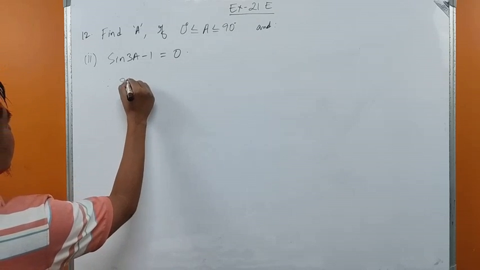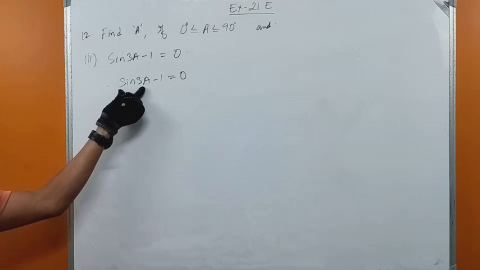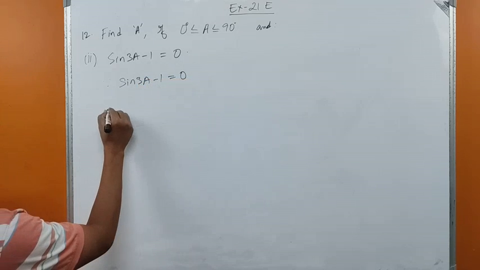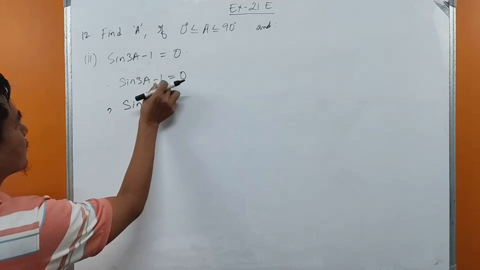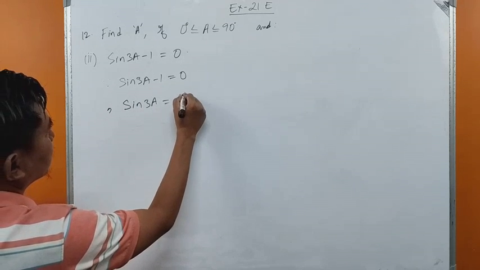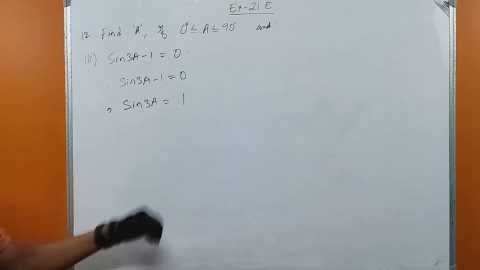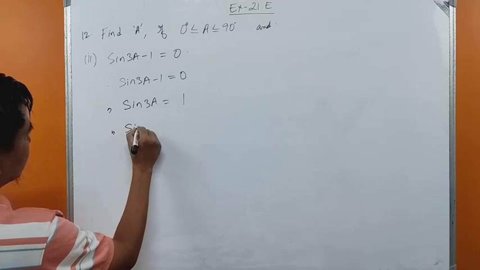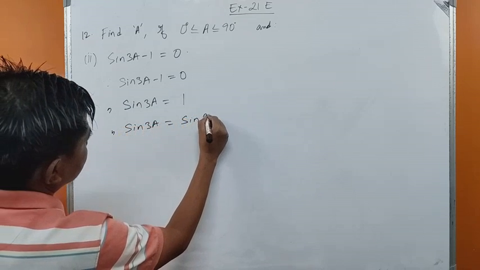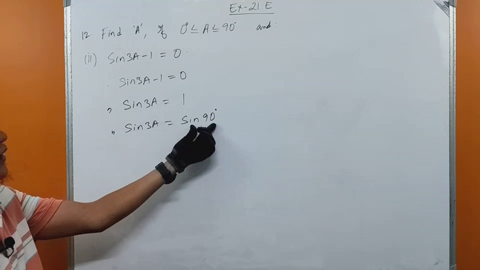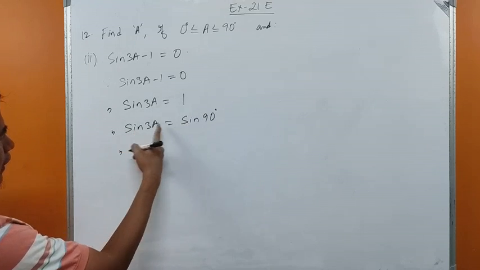Since sin 3A minus 1 equals to 0, this is the given condition, or sin 3A equals, let's take this minus 1 to the right hand side, we have plus 1, isn't it? Minus 1 when we take to the right hand side becomes plus 1, or sin 3A equals 1, which means sin 90 degree. The value of sin 90 is 1, so we leave sin from both the sides.